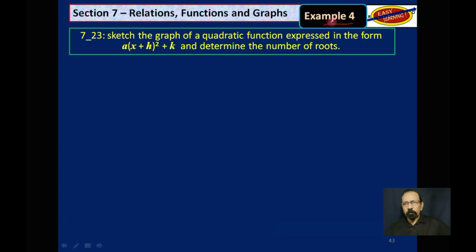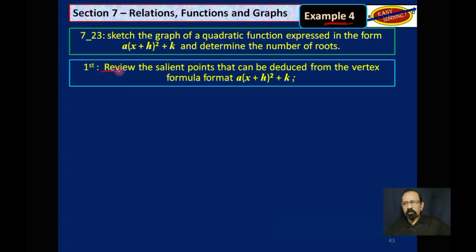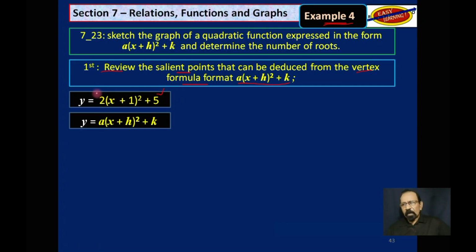Example 4. Again, we follow the same steps. We review the salient points from the vertex formula format, which is this, and this is our equation in that format. Reminding you again that that is A, which is positive 2. This is H, which is positive 1. And that is K, which is positive 5.